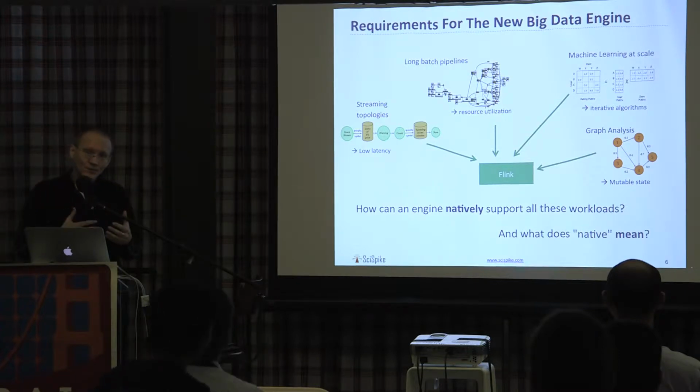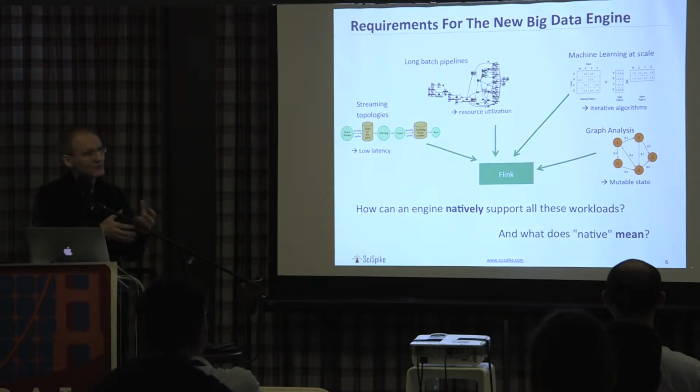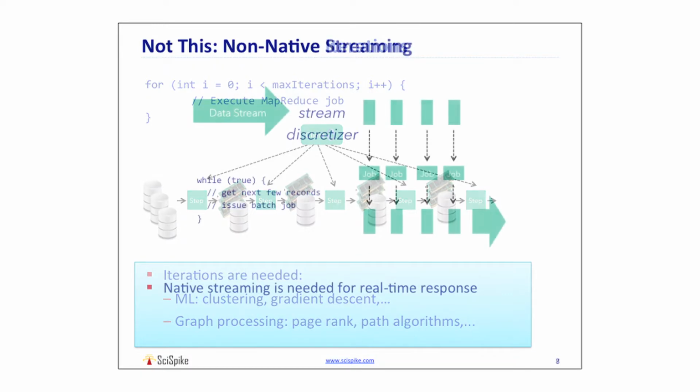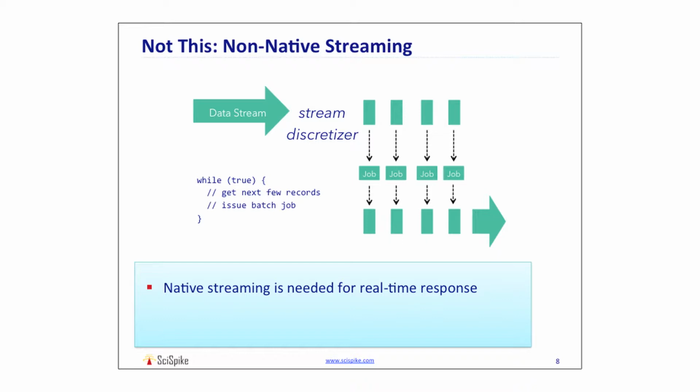So what was the desire in this project is to have an engine that would natively support these use cases and not start from batch and then see how we can tweak the batch to support these other cases. So when we say the native support, we are not thinking about running conventional MapReduce jobs a number of times. But we would like to have iterations as the normal part of the development, as a really low-level construct that is built into the system.